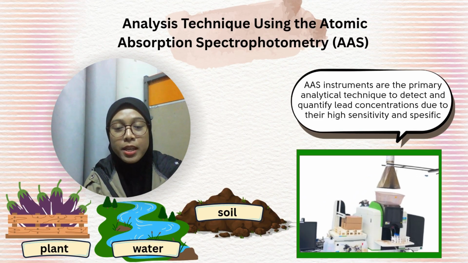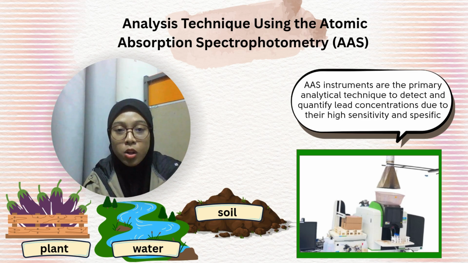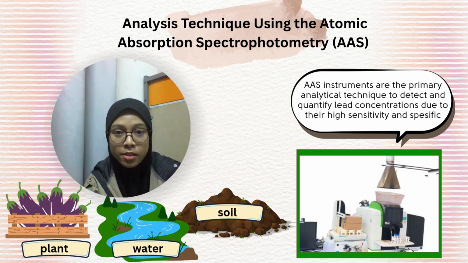Okay, I want to present about analysis technique using the atomic absorption spectrophotometry, AAS. All 3 studies which investigate lead contamination in plant, water and soil were analyzed using atomic absorption spectrophotometry, AAS.